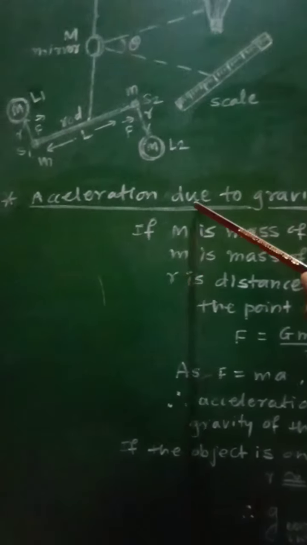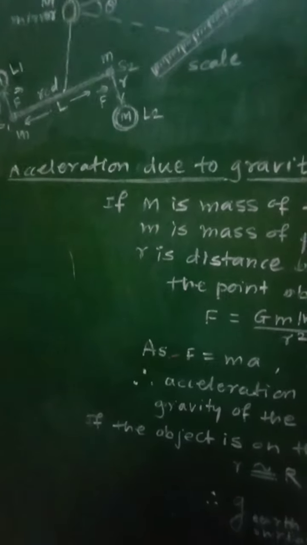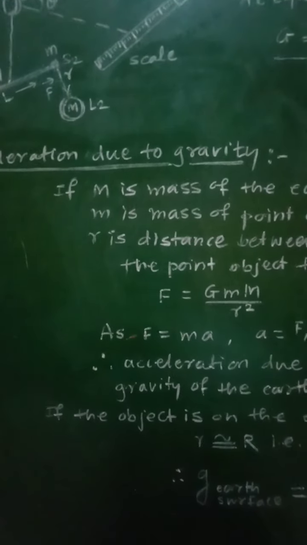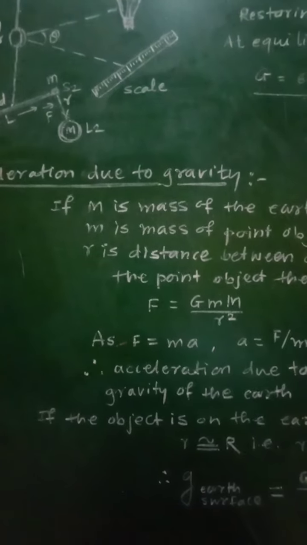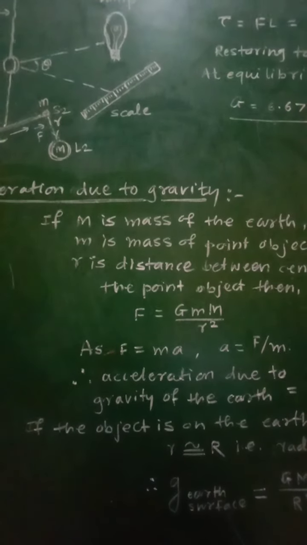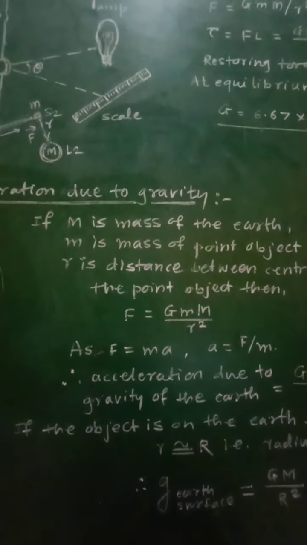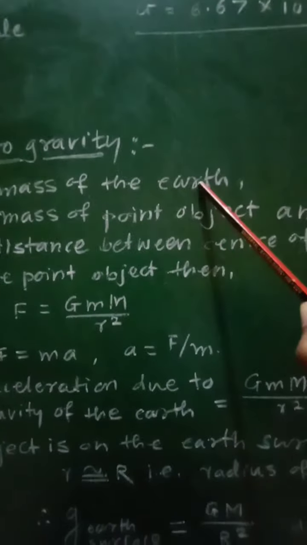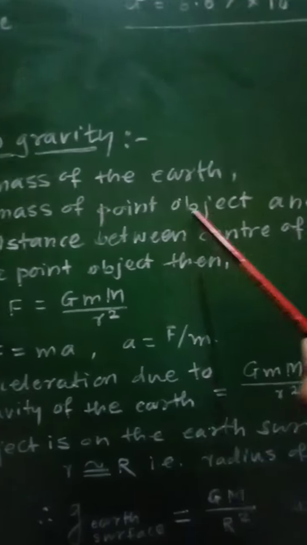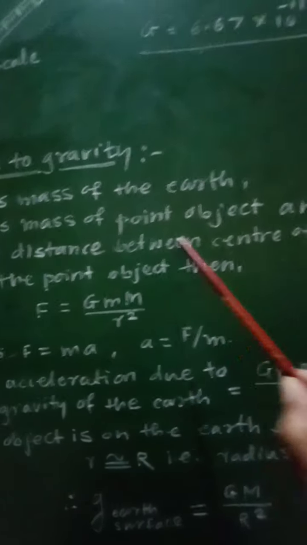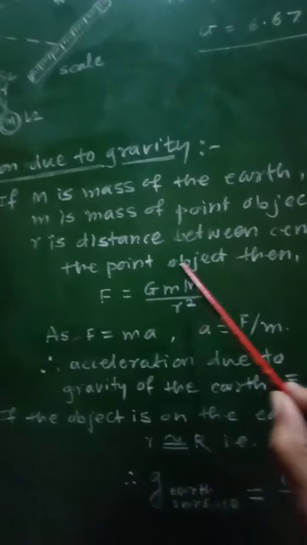If the mass of the earth is capital M, and that of the point object is small m, and the distance of the point object from the center of the earth is small r, then the force of attraction between them will be given as follows. So capital M represents the mass of the earth, small m represents the mass of the point object which is placed on the earth's surface, and r is the distance between the center of the earth and that point object.